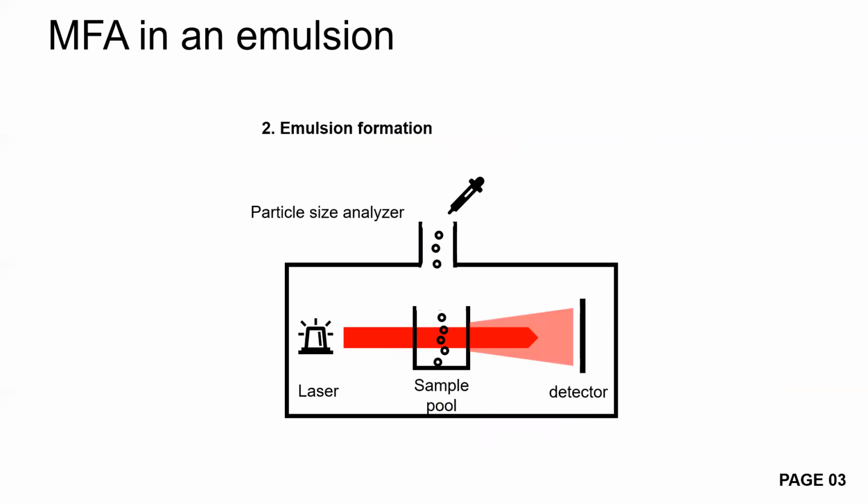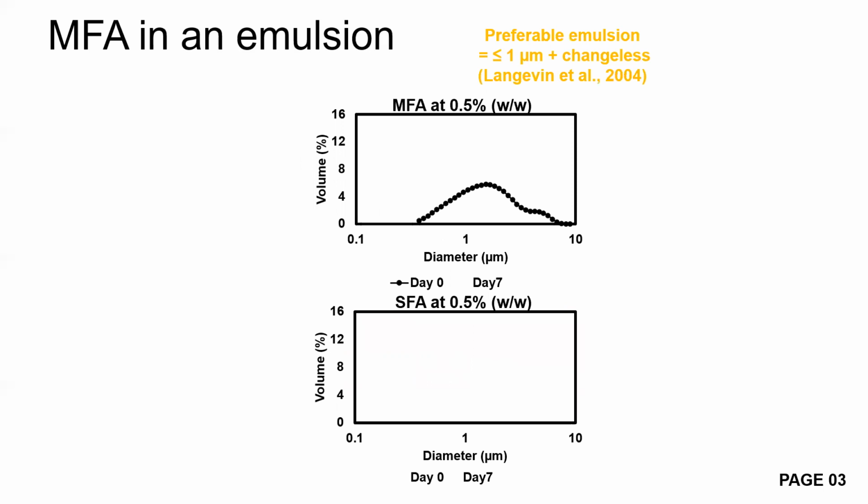Then, I studied droplet sizes of emulsions to analyze an emulsion forming ability. Here I used another standard about preferable emulsions having less than 1 micrometer size of droplets and consistency during storage.